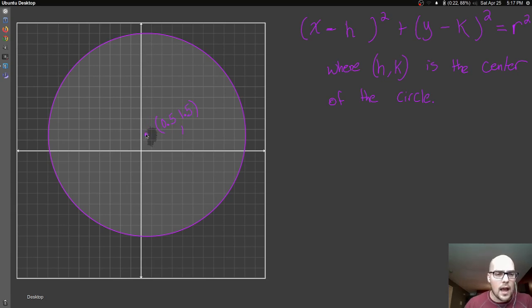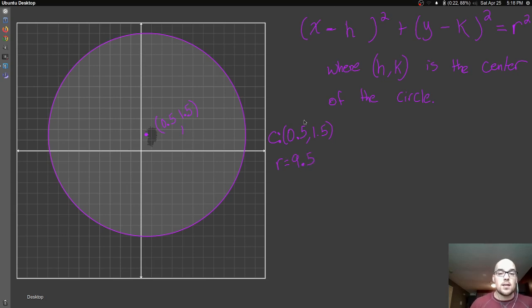I thought it was 9.5. 1, 2, 3, 4, 5, 6, 7, 8, 9.5. And a half, yeah. So my center is 0.5, comma 1.5. That's my center. And my radius is 9.5.